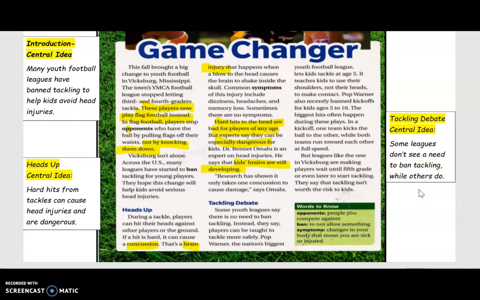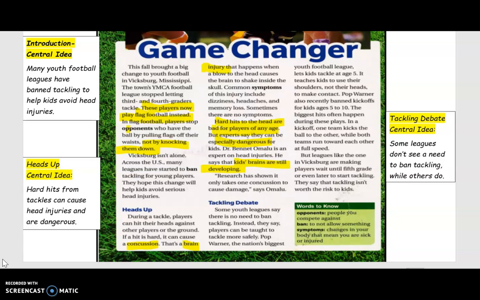And so what we're going to do is use that last section and practice filling in a graphic organizer, kind of like you're going to do for your assignment today when you read a different text and apply it. So first we need to highlight some supporting details for our central idea in that last section.